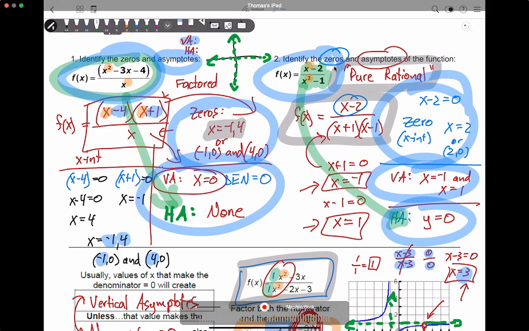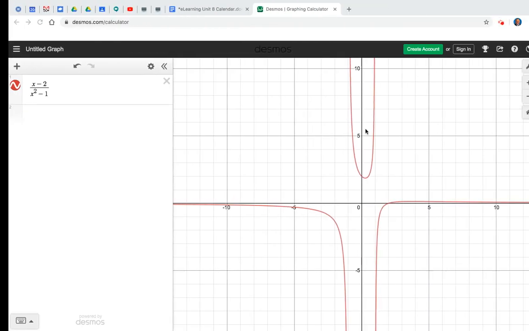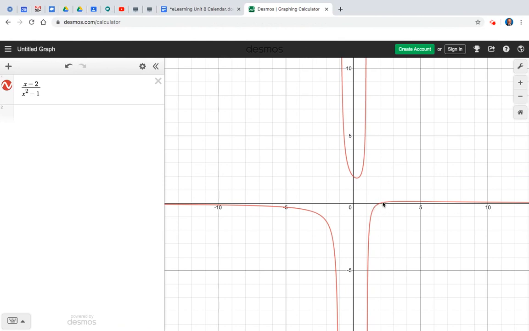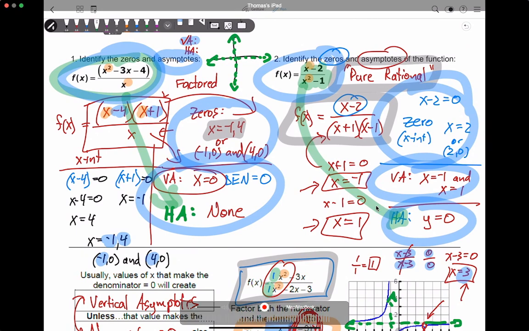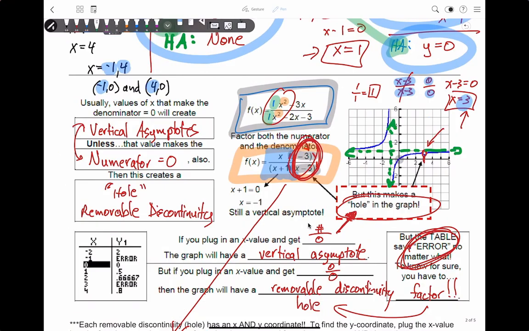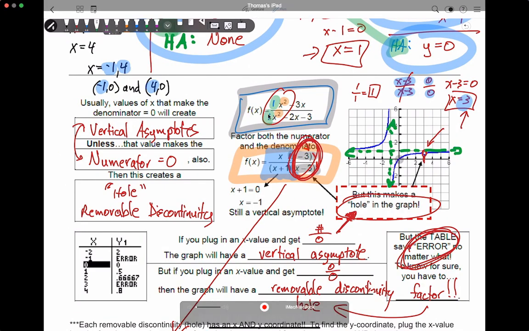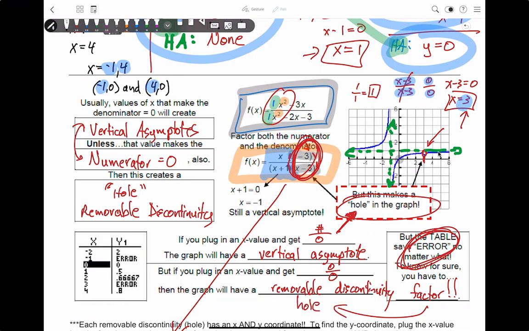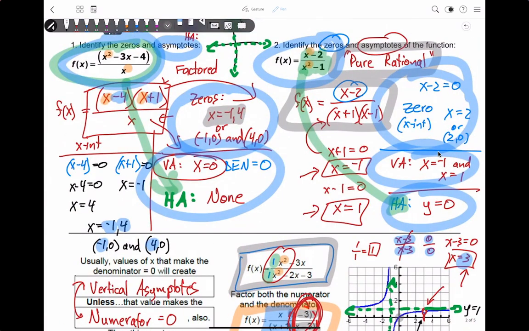So this bigger on bottom was y is equal to 0. It still approaches 0. It can go through it intermittently. But then this new one right here showed, because the exponents were the same, that you're going to have the coefficients in front. So 1 over 1 equaled 1. That's why this green line right here, if I were to put it right next to it, is y is equal to 1.